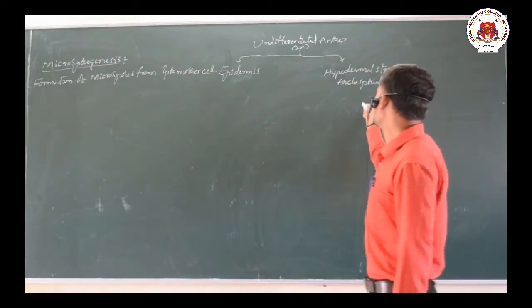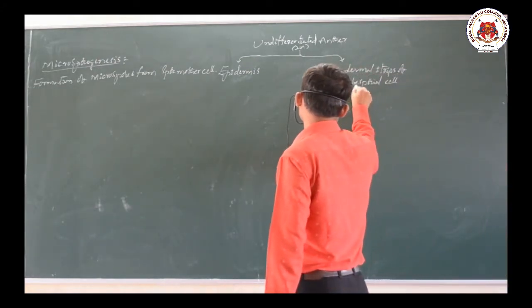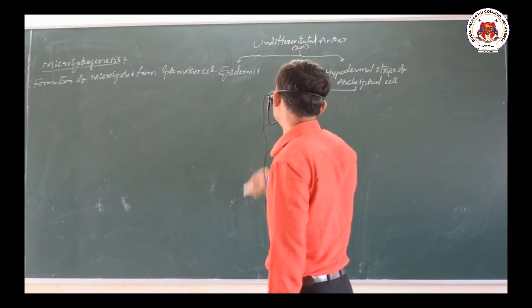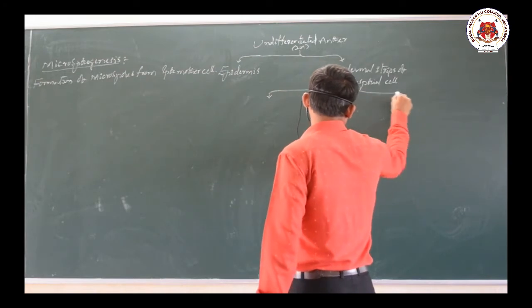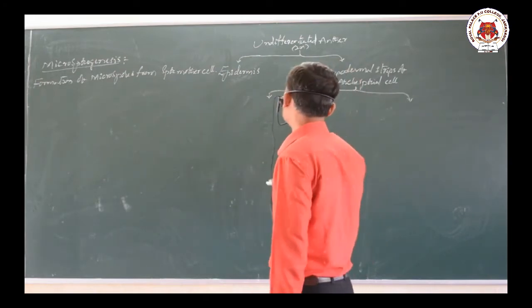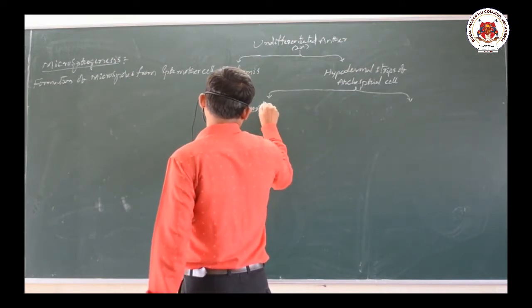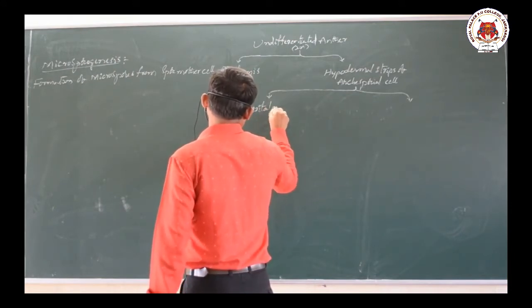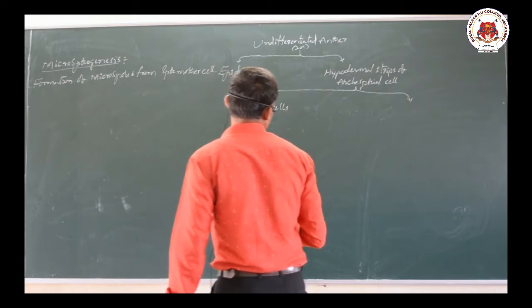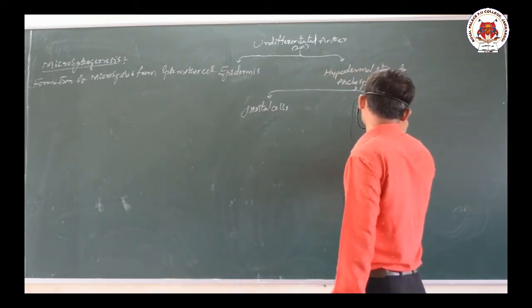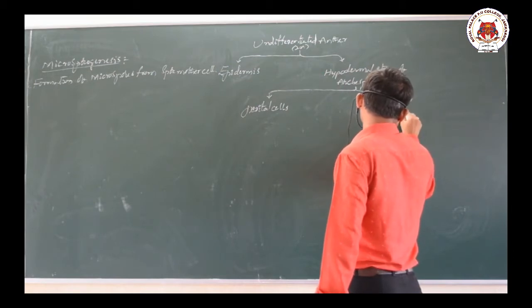Then these hypodermal strips of archesporial cells undergo a periclinal division to produce two types of cells: the outer parietal cells and the inner sporogenous cells.